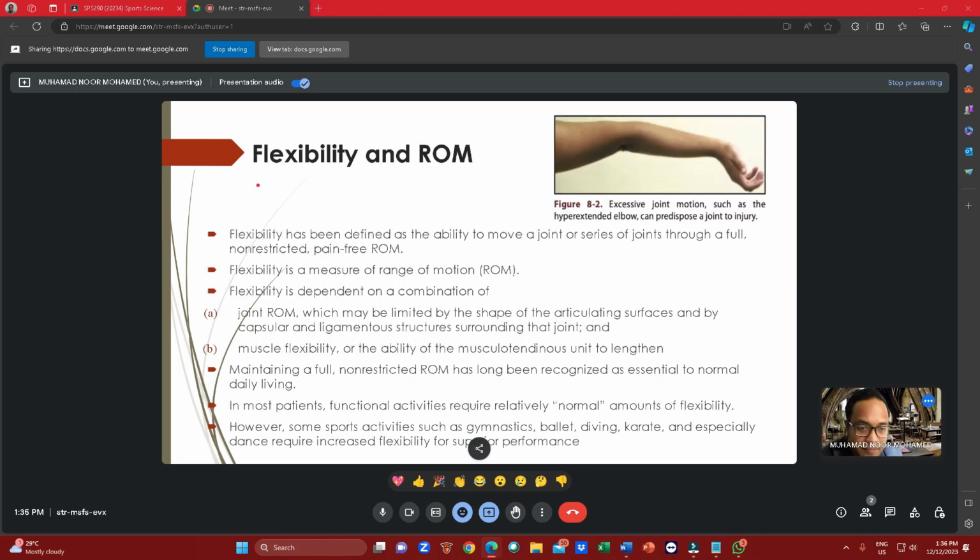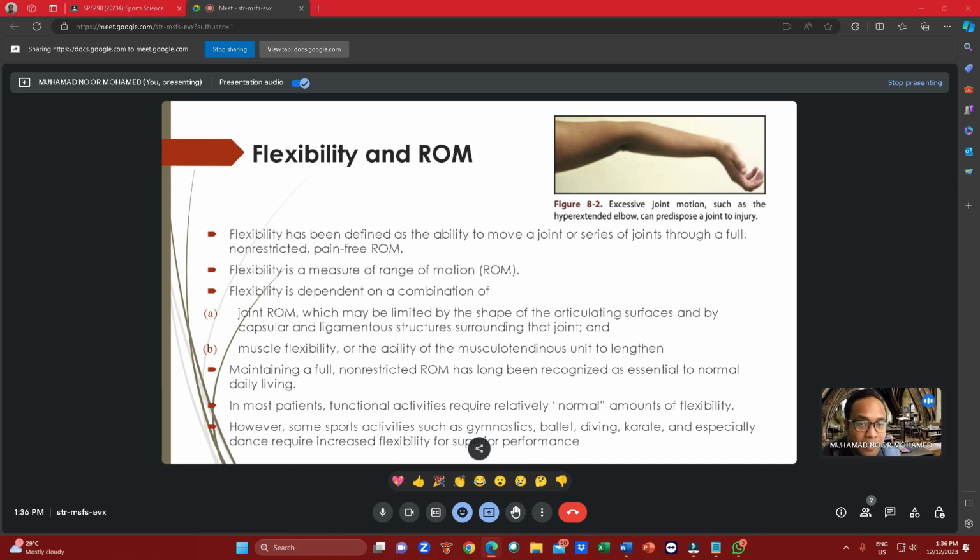Okay, so to begin with, flexibility can be defined as one's ability to move a joint or a series of joints through a full, non-restricted, painless range of motion. It can be active, it can be passive.